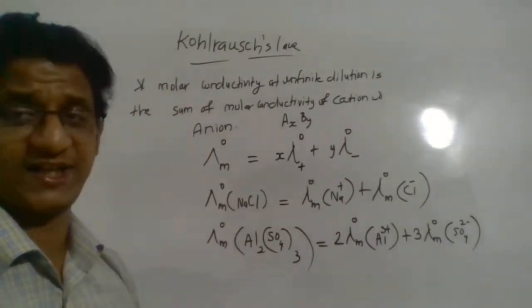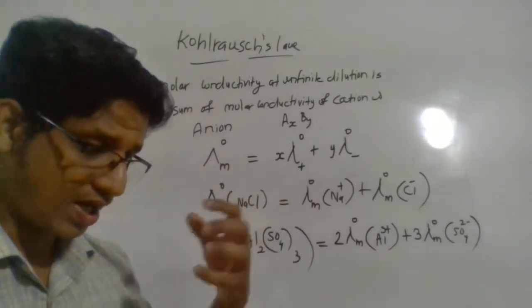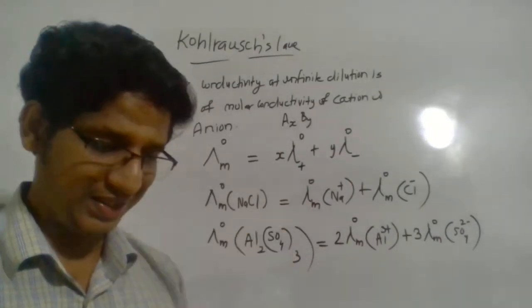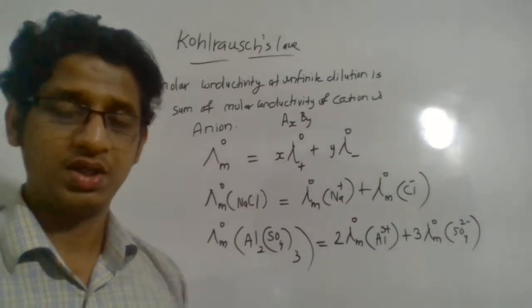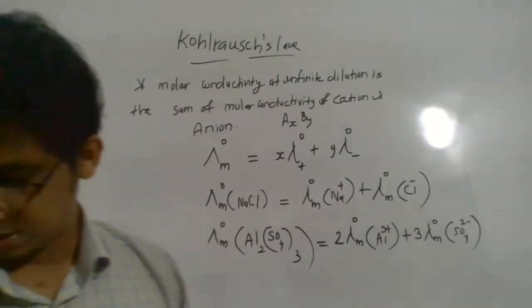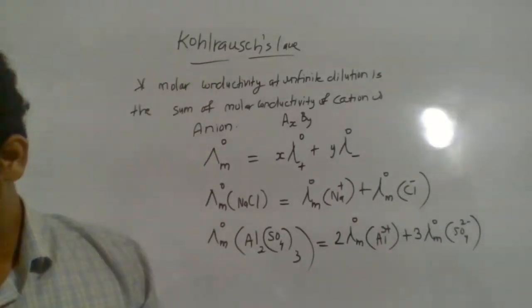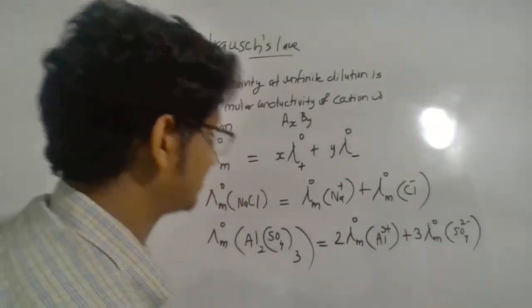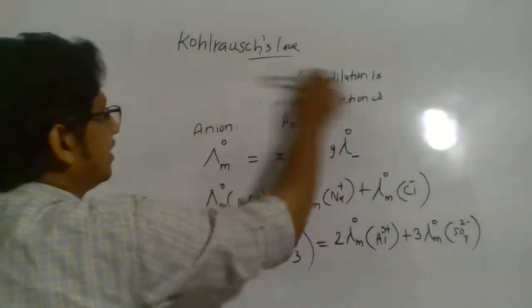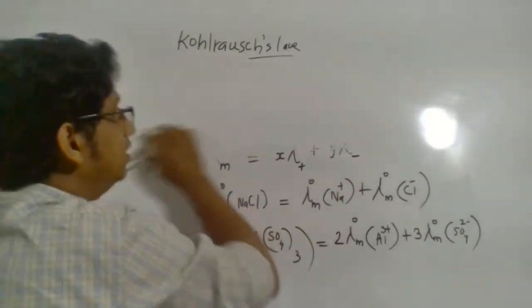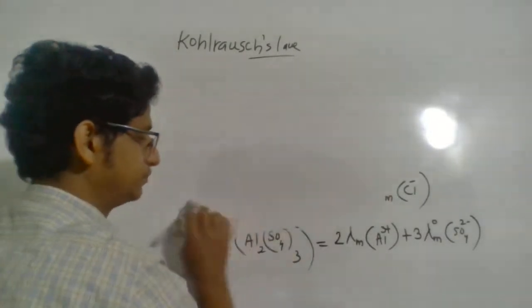This is what Kohlrausch's law is all about, because at infinite dilution each cation and anion is independently contributing to the molar conductivity. Now let us discuss the applications of Kohlrausch's law. Kohlrausch's law has different applications.